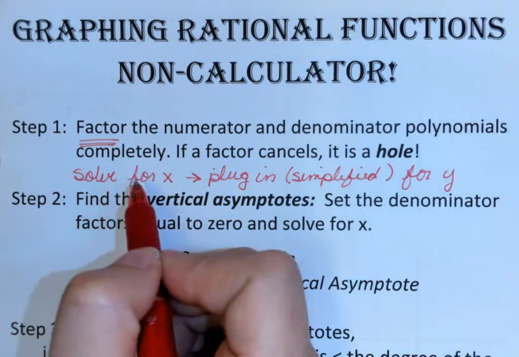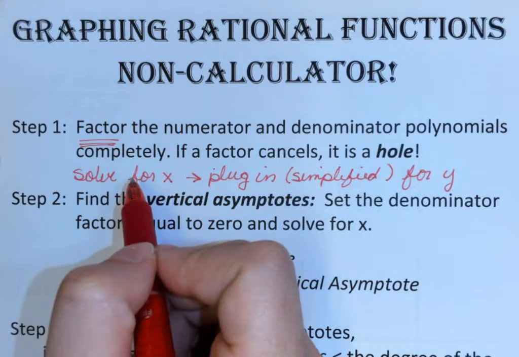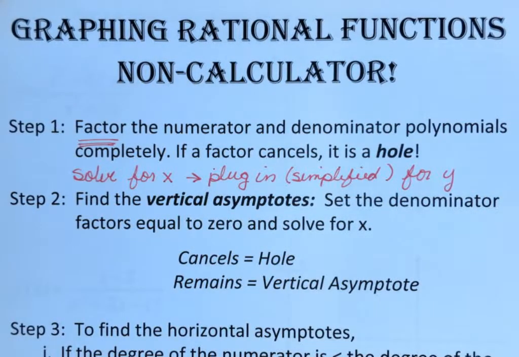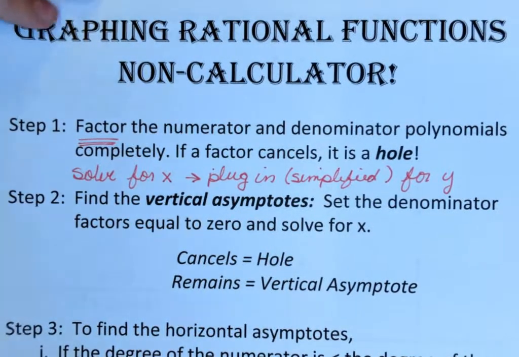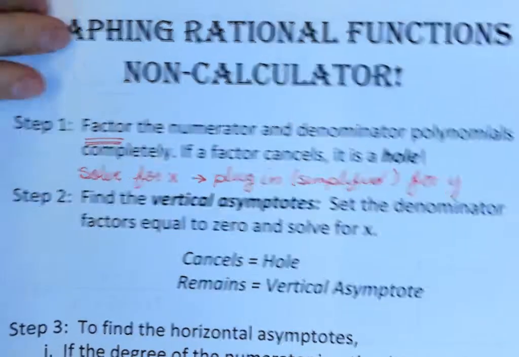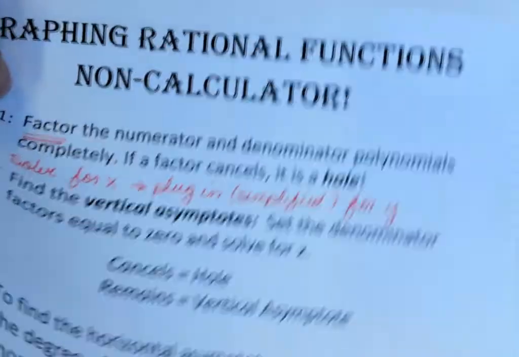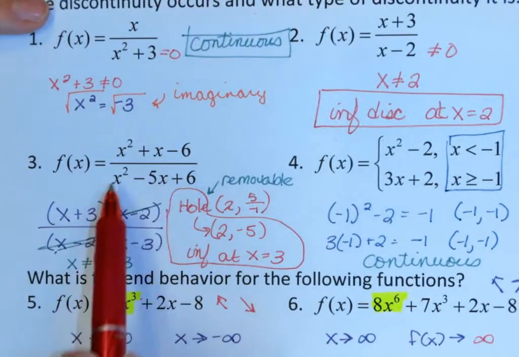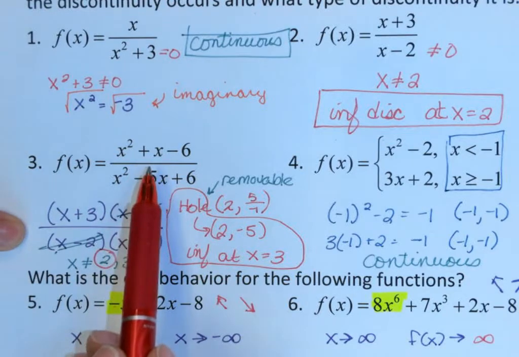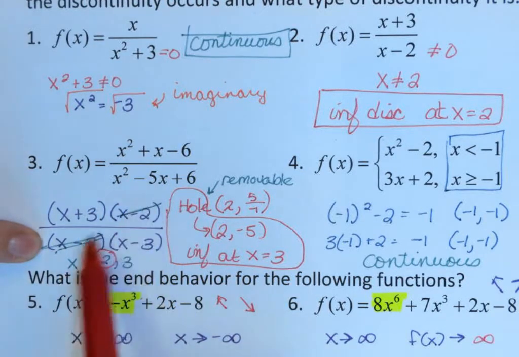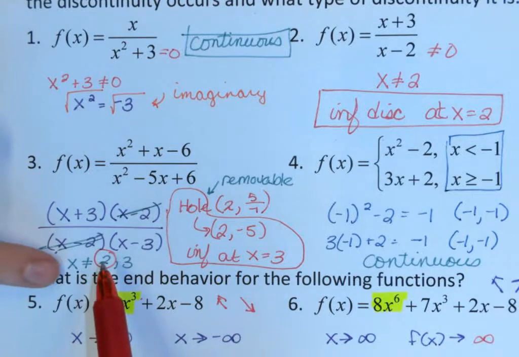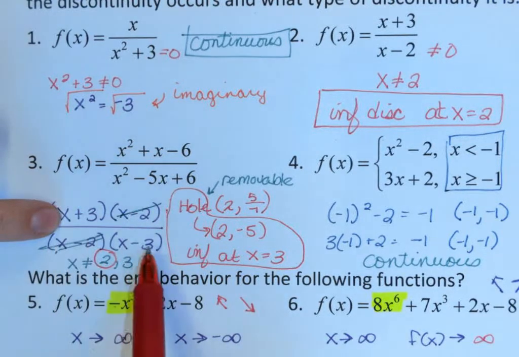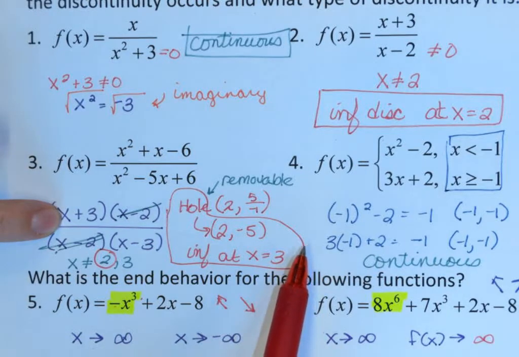Figure out what x would have been, plug that back in and solve for your y. That's what we did on one of our warm-up problems. We factored it out, we saw that these simplified, so I figured out what x was, and I plugged it back into the simplified equation, and that's where my hole is.